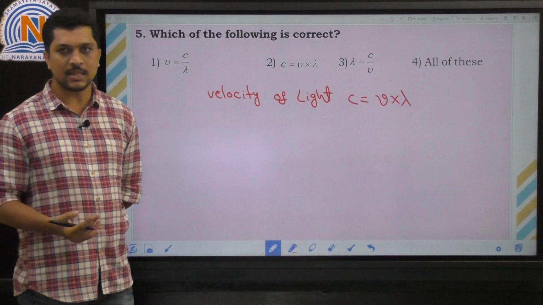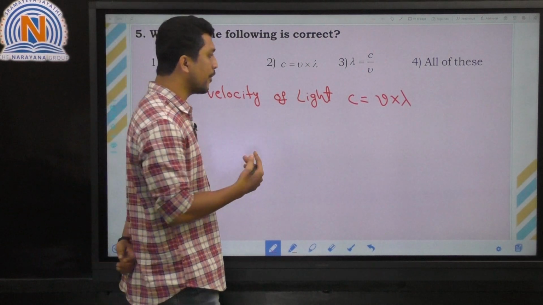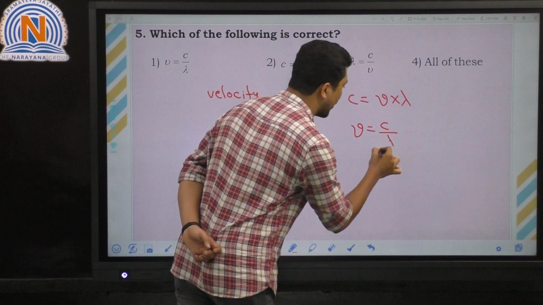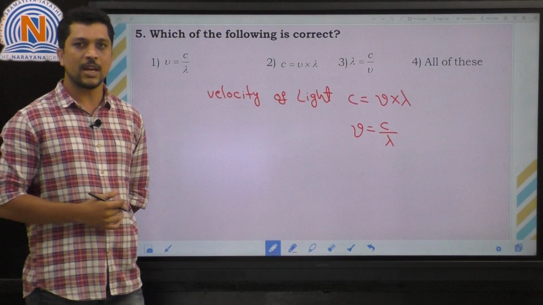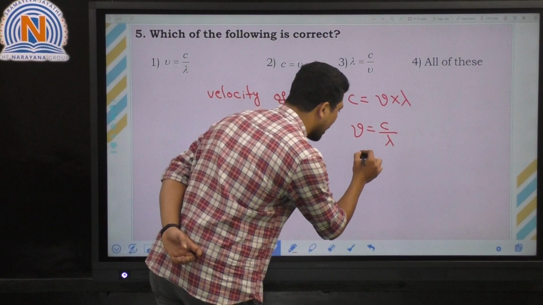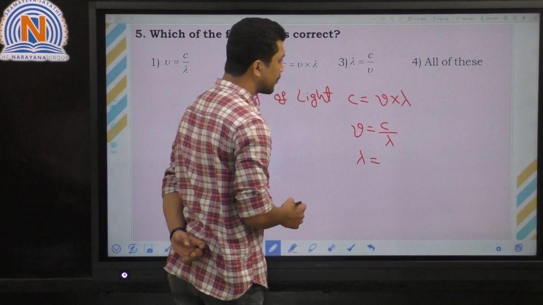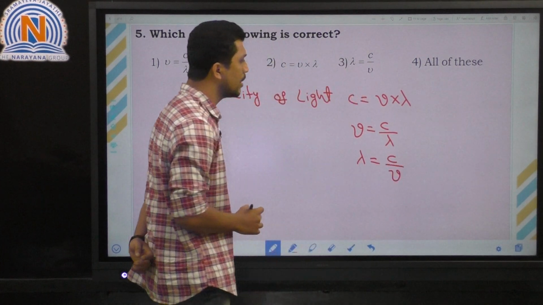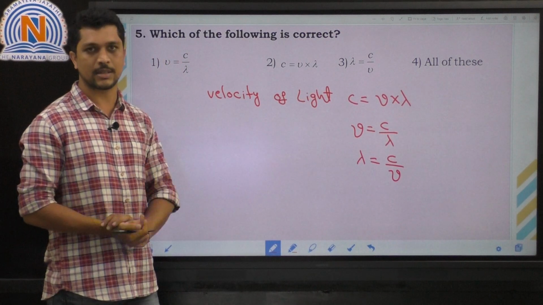If we rearrange this formula in terms of frequency, that is nu equals c by lambda. In the same way, if we rearrange this formula in terms of wavelength, that is lambda equals c by nu. So all these forms are correct.